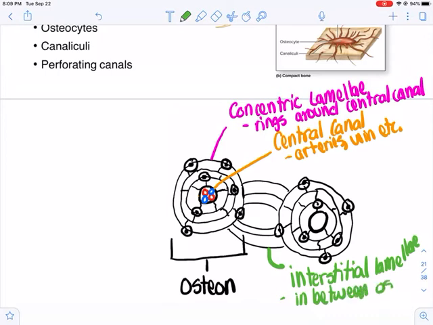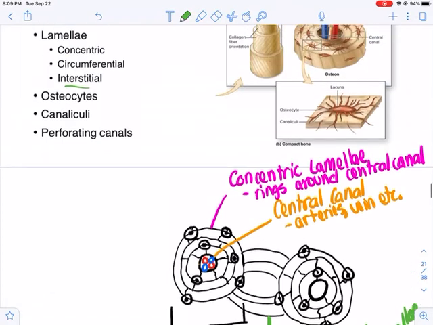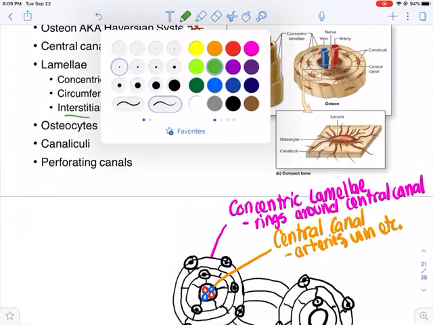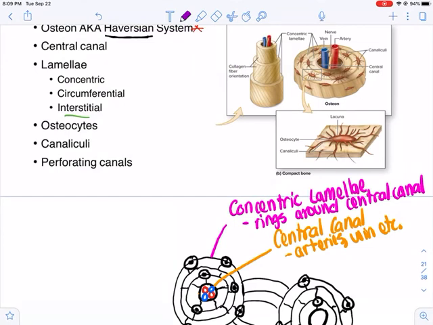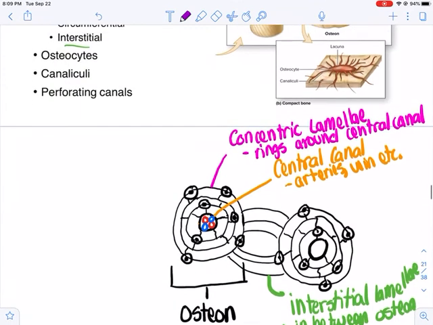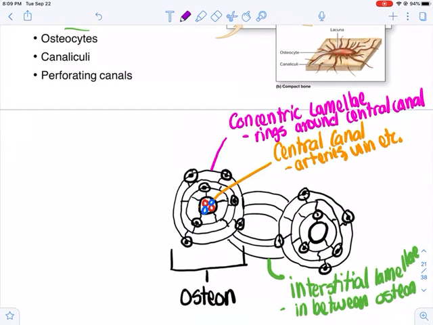They're in between osteons. The one that I can't show you because this diagram is not big enough are circumferential. So you'll just have to use your book to get the definition for that one.